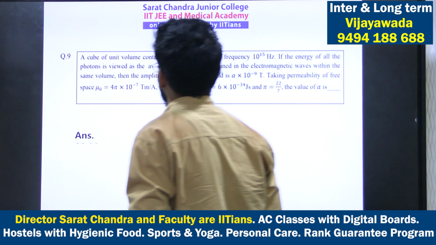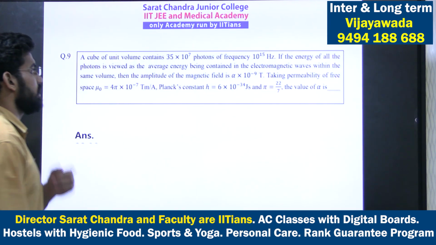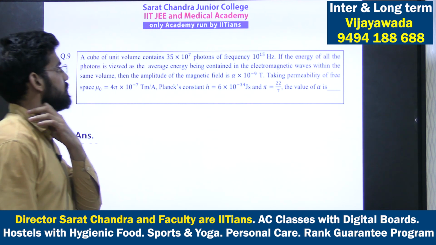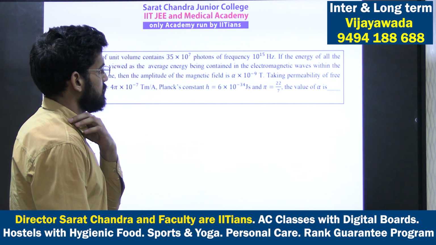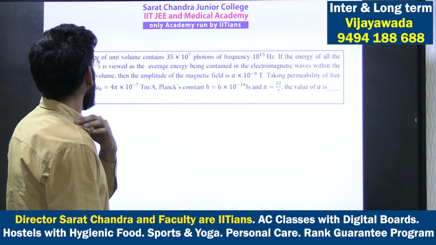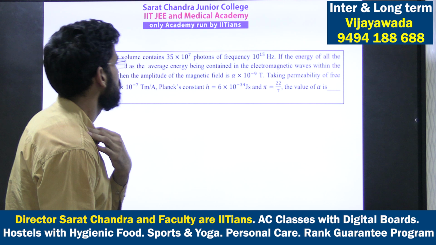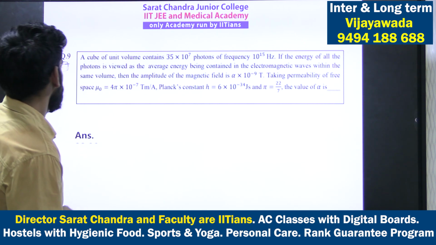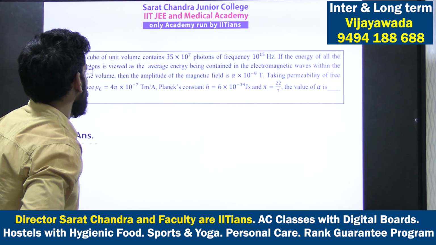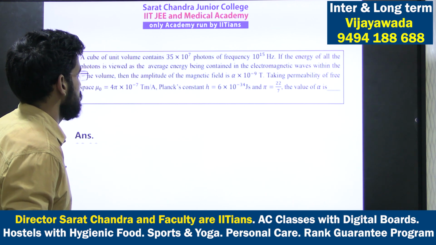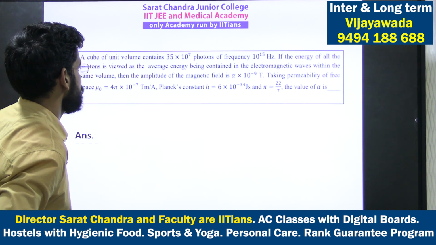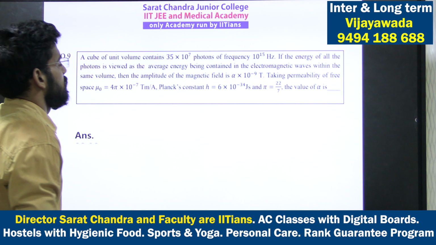Next, if you see, a cube of unit volume contains 35 into 10 to the power 7 photons of frequency this. If the energy of all photons is viewed as the average energy being contained in the electromagnetic wave within the same volume, then the amplitude of the magnetic field is, okay, magnetic field.